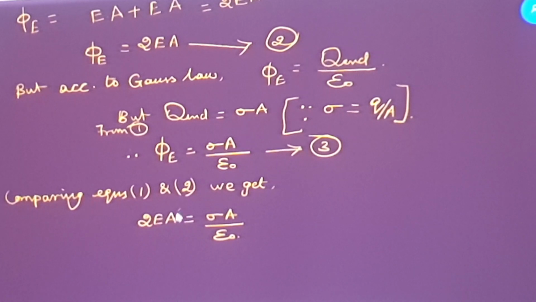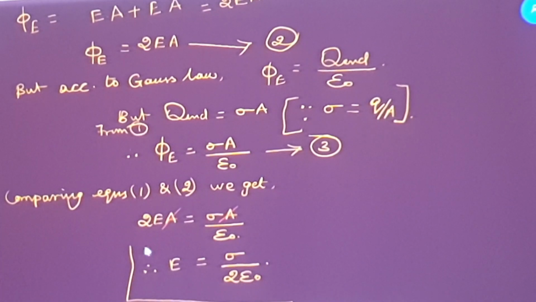So here the area on the left hand side and the area on the right hand side get cancelled. Therefore, electrical field E is equal to sigma by 2 epsilon 0. This is the expression for electrical field at a point due to an infinite plane sheet of charge.